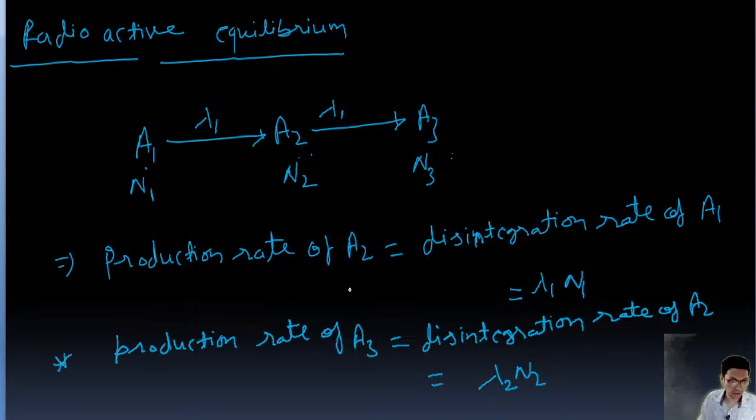So from 1 and 2, where this is 1 and this is 2, lambda 1 N1 is going to be equal to lambda 2 N2.